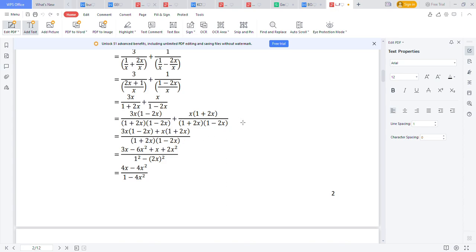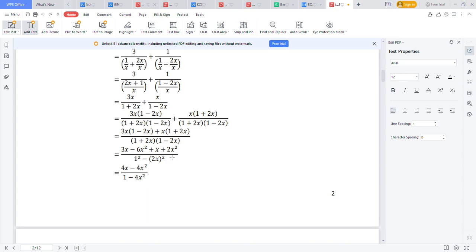Let's proceed. The LCM is already gotten, so we are going to multiply everything with that LCM. You must check how many times 1 plus 2x, bracket 1 minus 2x goes into that LCM. It goes there 1 minus 2x times, so you multiply 3x times that.